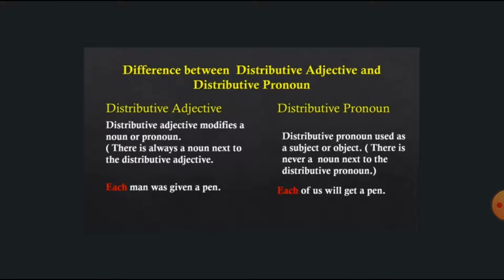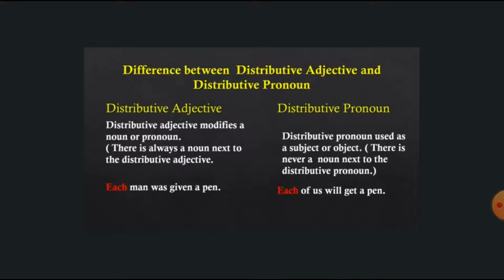There is always a noun next to the distributive adjective. Each man. Now each is a distributive adjective and man comes right after it. Each man was given a pen. So each qualifies the noun man. So it is an attributive adjective.